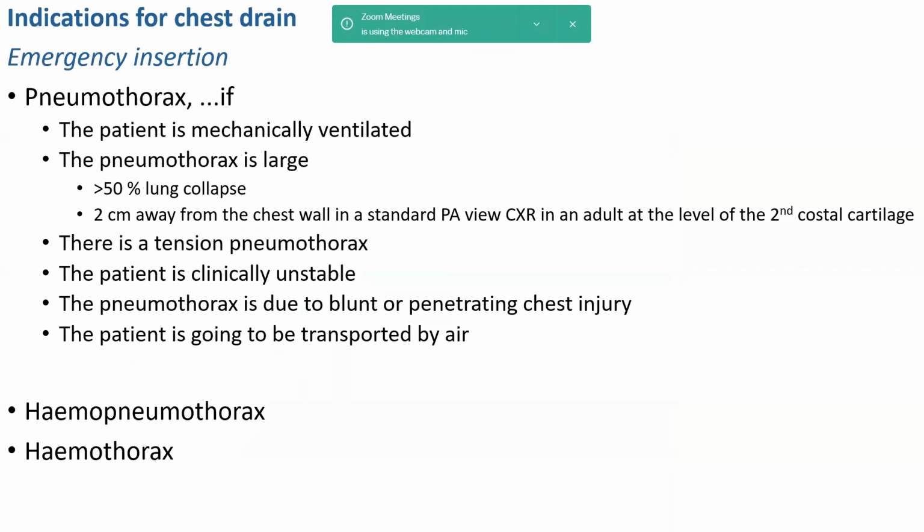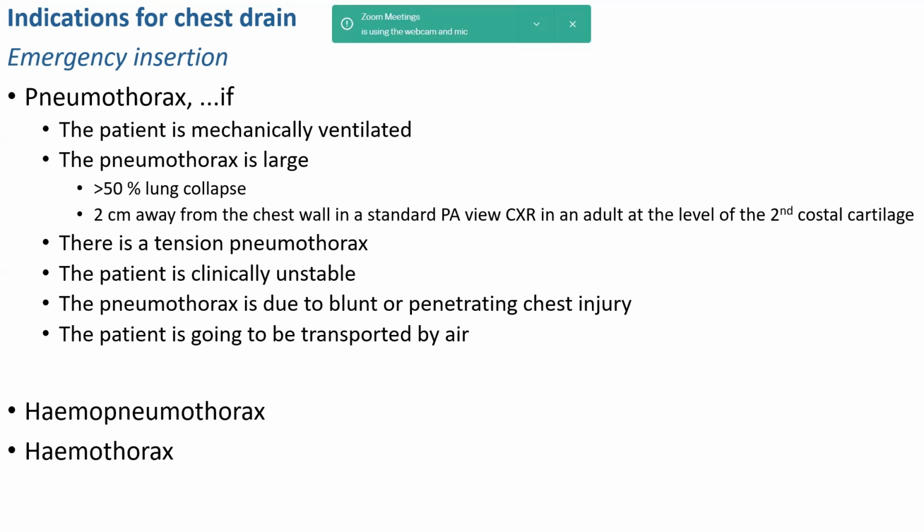And indications, there are thousands of indications. In the emergency setting, most of the time it is pneumothorax, either spontaneous or traumatic. There are some rules, like the size of the pneumothorax: if more than 50% of the lung has collapsed, or if the gap between the chest wall and the lung is more than 2 centimeters, and you have to make sure it is measured on a standard chest X-ray, because chest X-rays come in different sizes, so size matters. The 2 centimeters should be on a standard posterior-anterior chest X-ray at the second intercostal space.